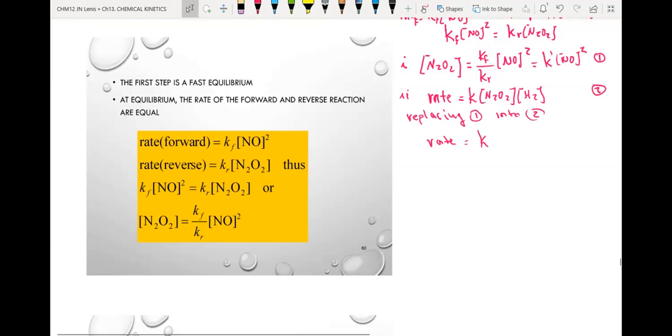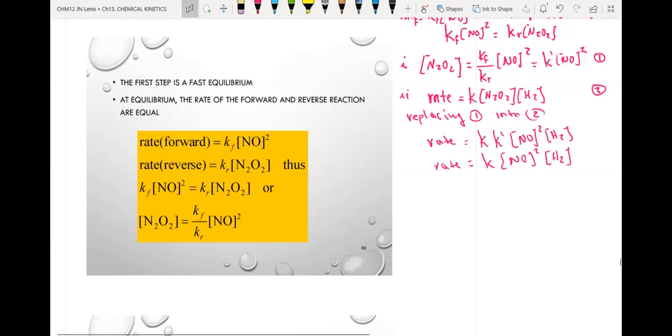What is this? So that is constant prime times concentration of NO squared, times concentration of H2. But what is constant times constant? Is another constant. It's the rate constant times NO squared times H2. And that is your rate law.